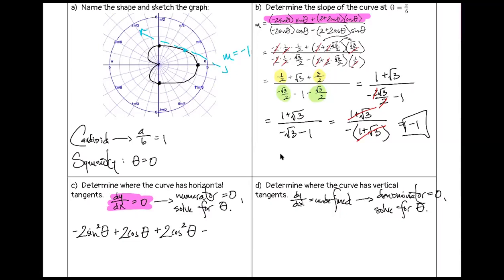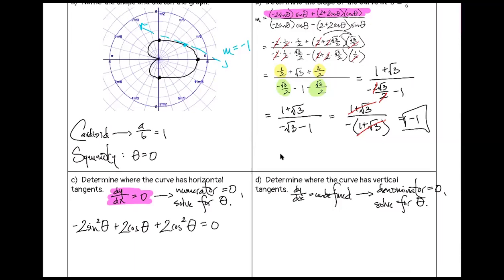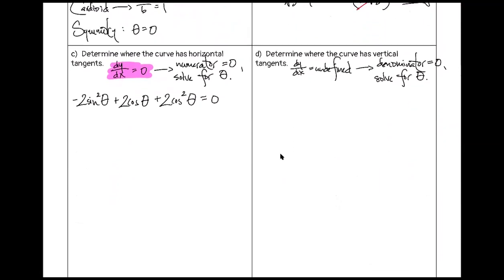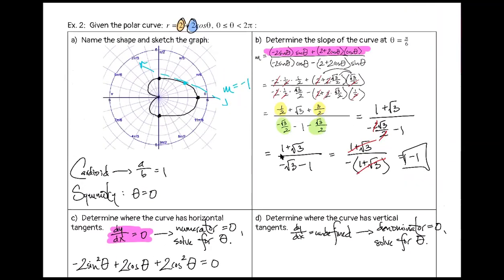And we want to set that equal to 0. And we're setting that equal to 0 because that's how we find out where the slope is going to be 0. Is this top part the same thing as dy over d theta? No, it's not like parametric in that sense. Okay.